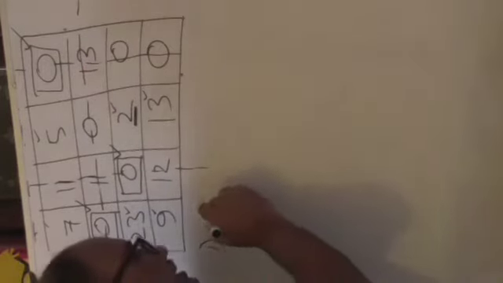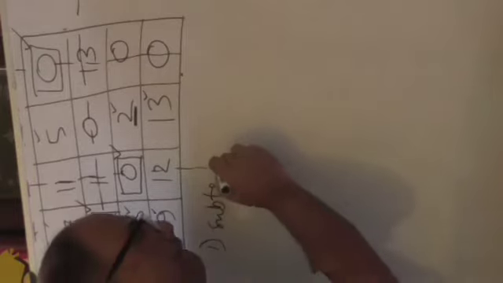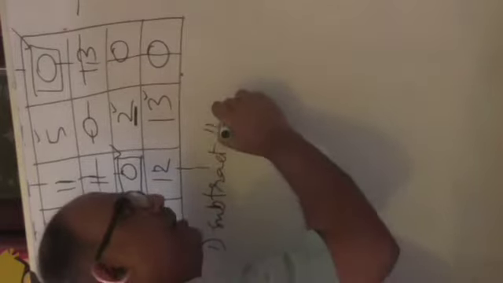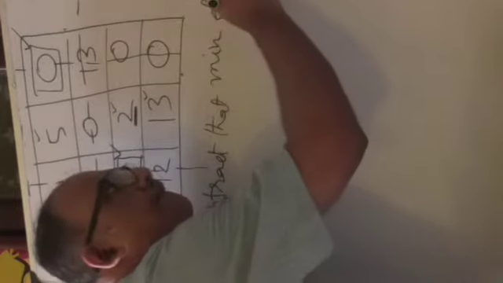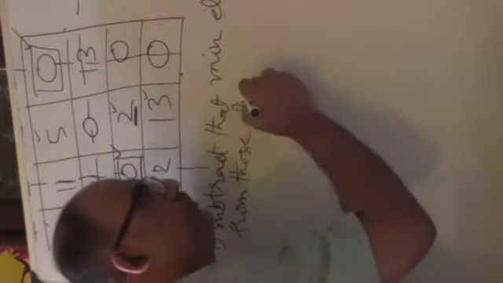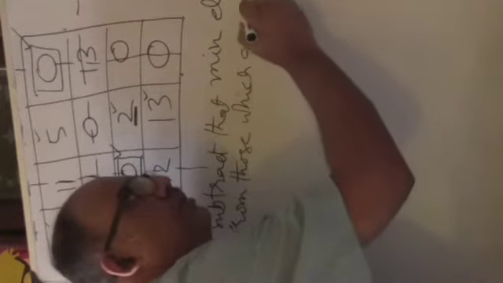Very important. What are those 3 things? Number 1, subtract that minimum element from those which are not blocked. So you have to subtract that minimum element from the elements which are not blocked, number 1.